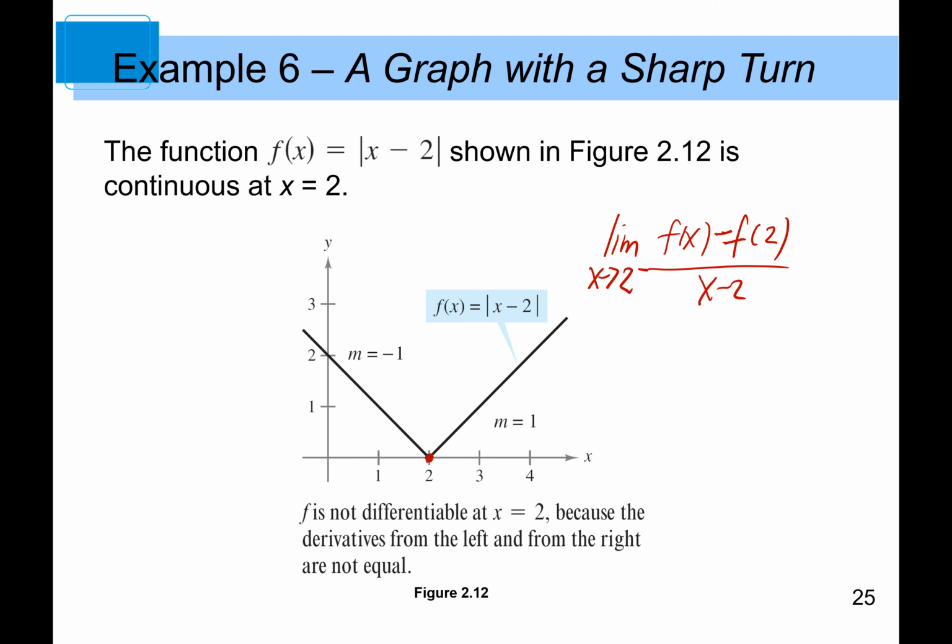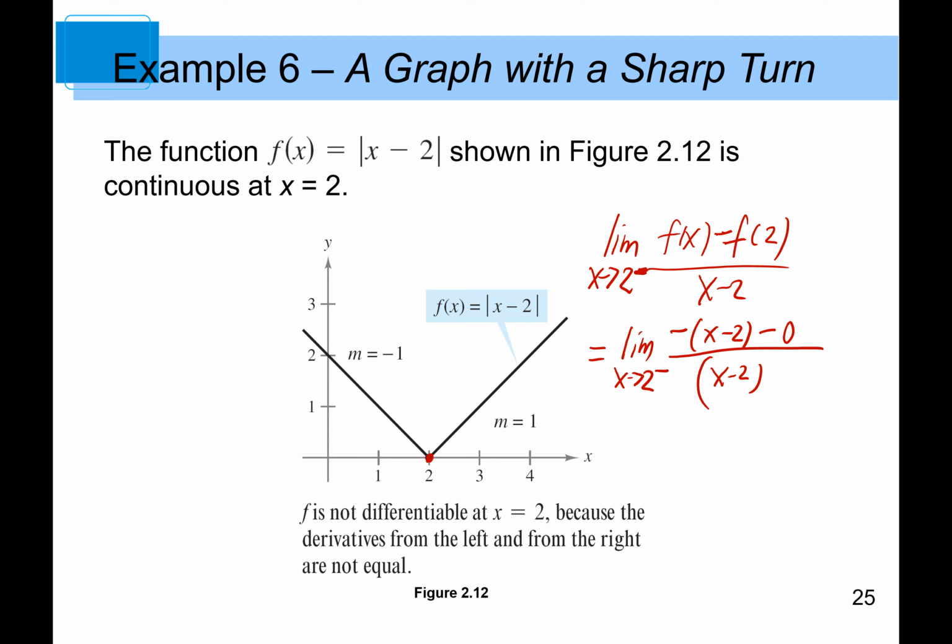Let's use the definition of the derivative from the left. The limit as x approaches 2 from the left: on this side the expression inside is negative, so we put negative, x minus 2, minus f of 2, which is 0, over x minus 2.